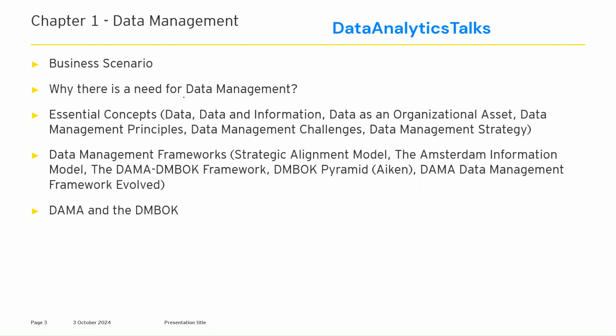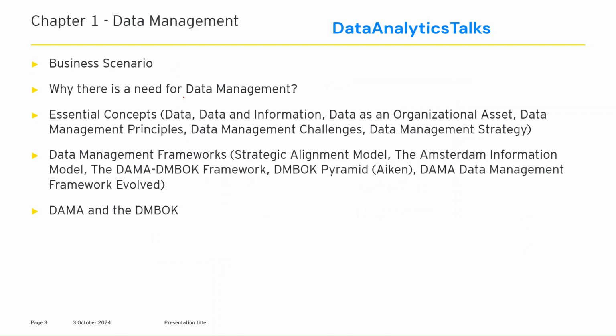So chapter 1 is all about data management. It talks about the business scenario, why there is a need for data management. It covers essential concepts: data and information, data as an organizational asset, data management principles, data management challenges, data management strategy.